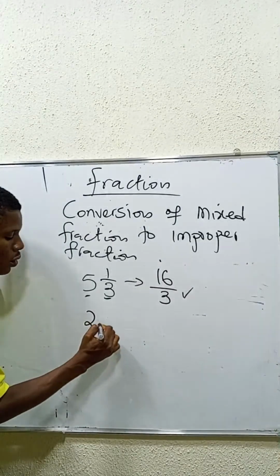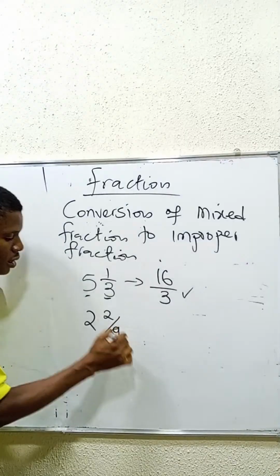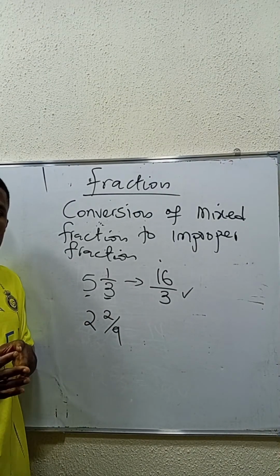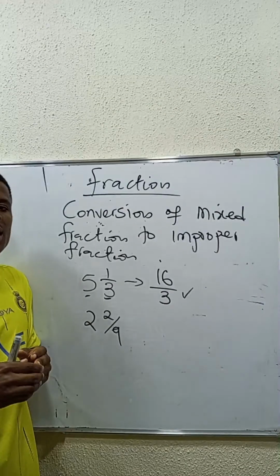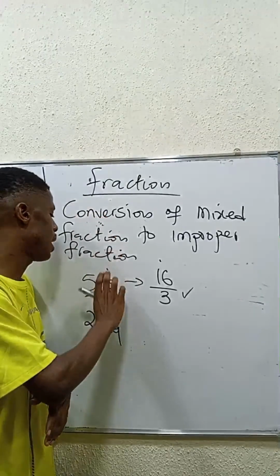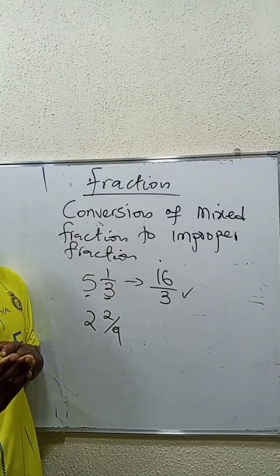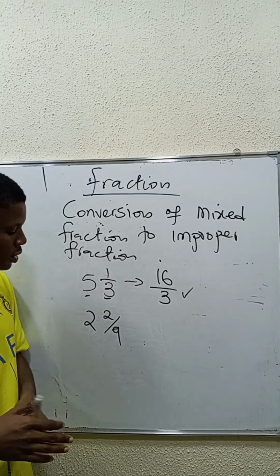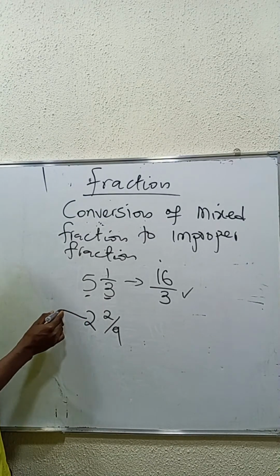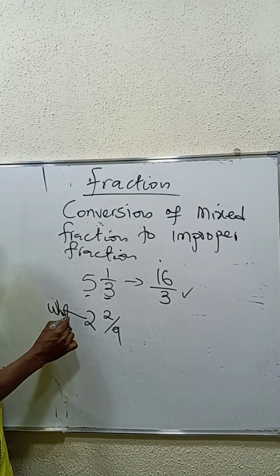We have 2 wholes 2 over 9. To convert this one is easy. Remember, I told you that when you are trying to convert a mixed fraction to improper, what you have to do is to look at the description. You know that this number standing on its own is called the whole number. This is the whole.